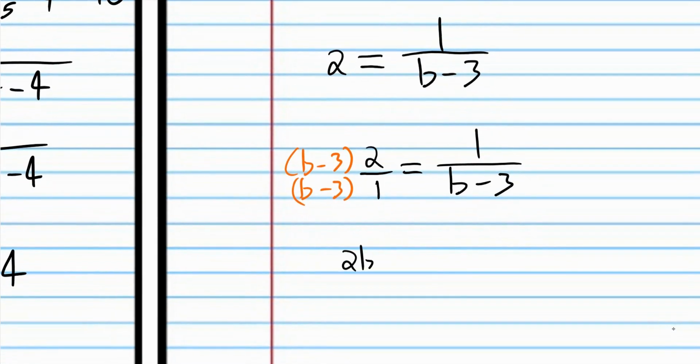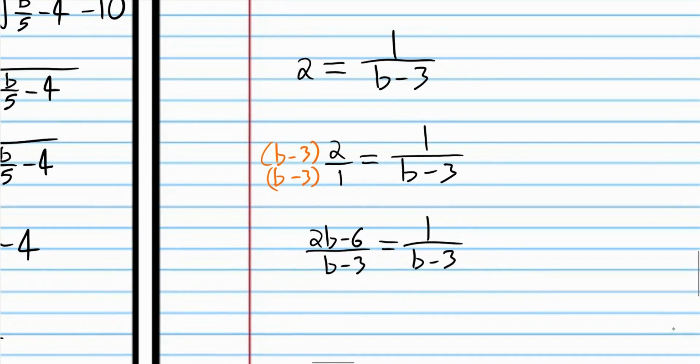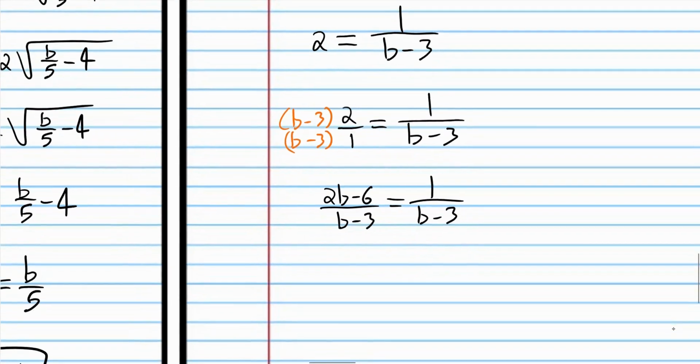So we have 2b minus 6 over b minus 3 is equal to 1 over b minus 3, and then we have two fractions that are equal to each other and the denominators are the same, so the numerators must be the same, and we're left with 2b minus 6 because we can simply get rid of the denominator.